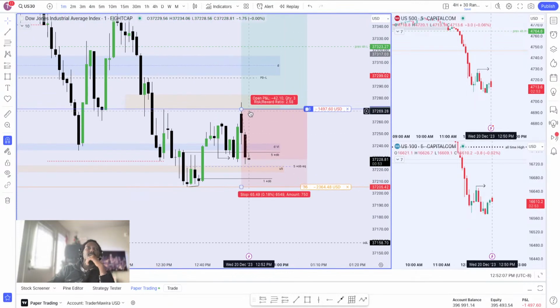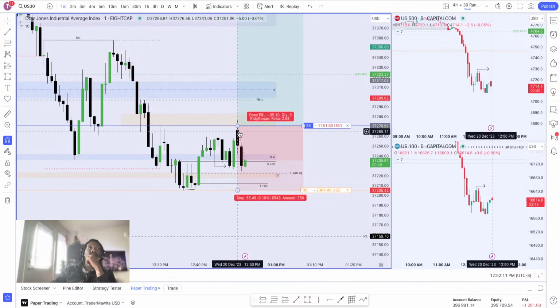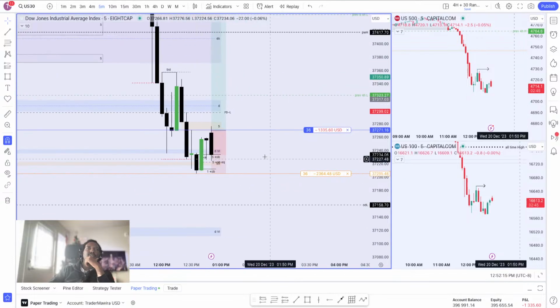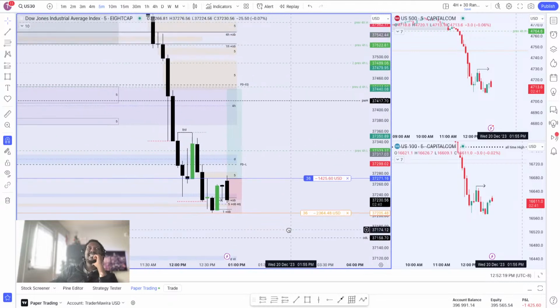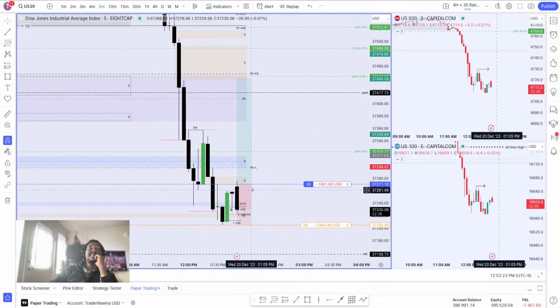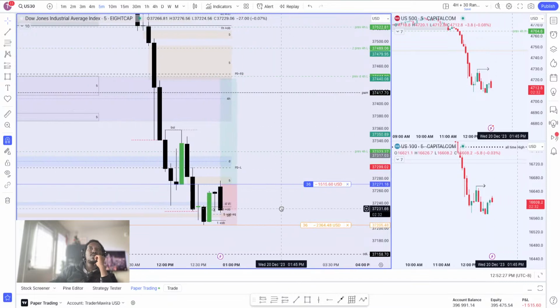Now, see what I was talking about? I don't like to see those 5 minute fair value gaps just near my entry. So that would have been something to invalidate this setup. I mean, price can still rush above that zone.